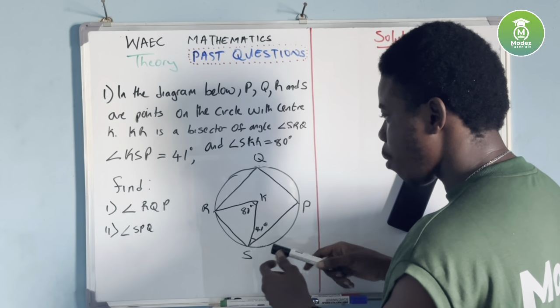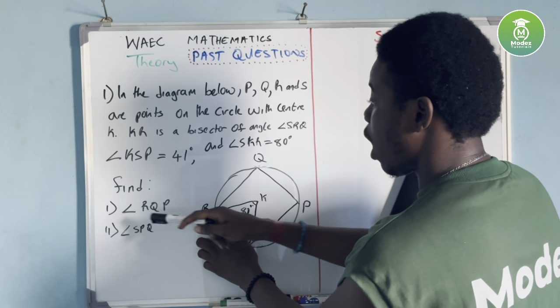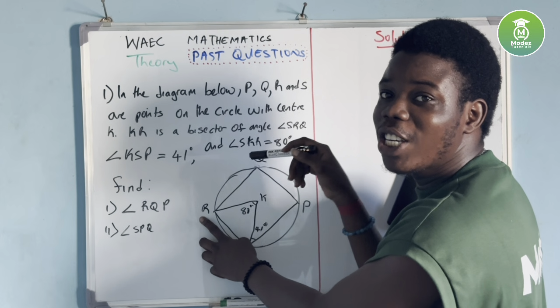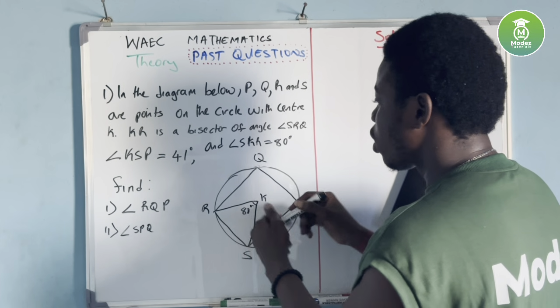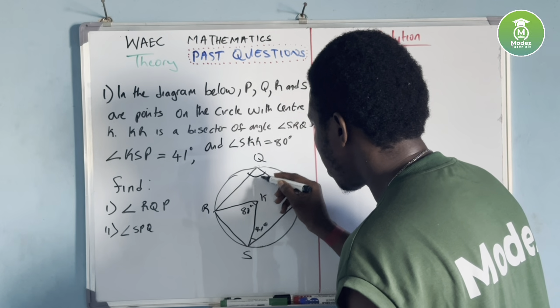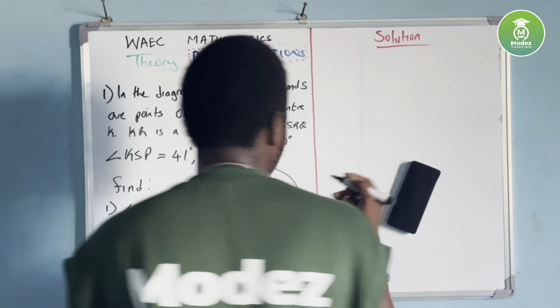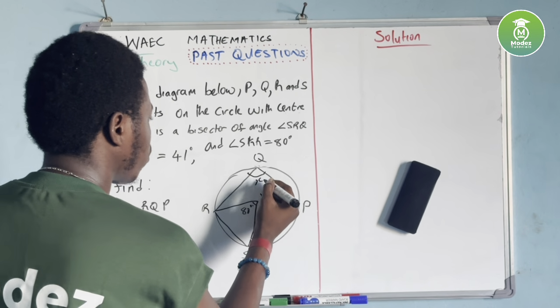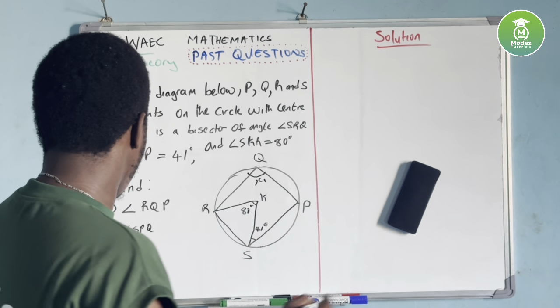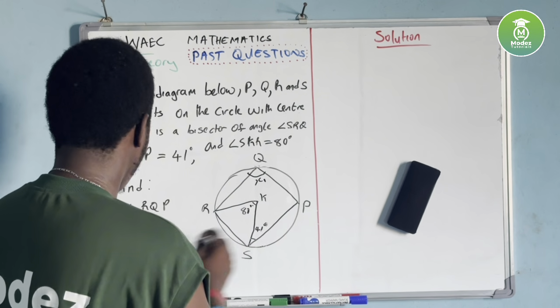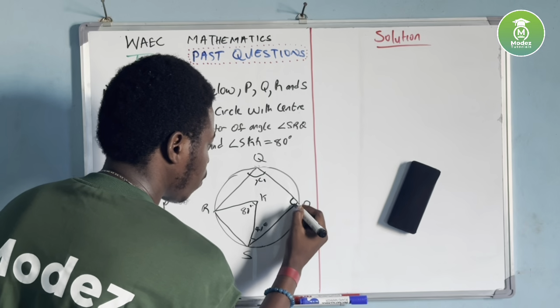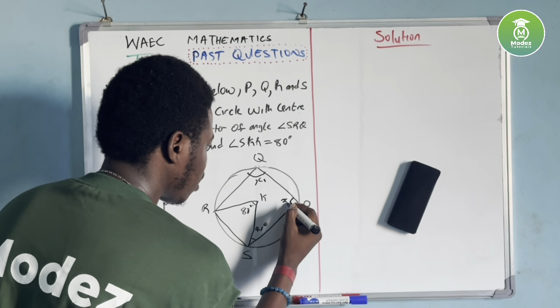Now, this is angle RQP. So this is R here, this is Q here, this is P here. So the angle you are looking for is here, X. Let me put X here. Or let me use X1 because we are looking for two angles actually. So I'll use X1. And for SPQ, this is another angle we are looking for, which is X2.